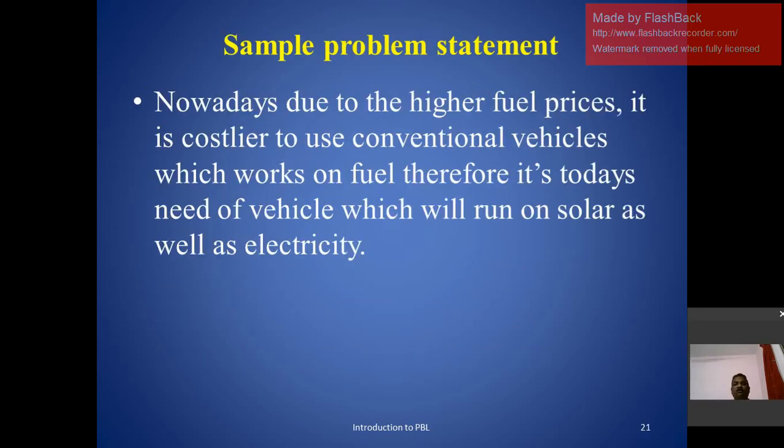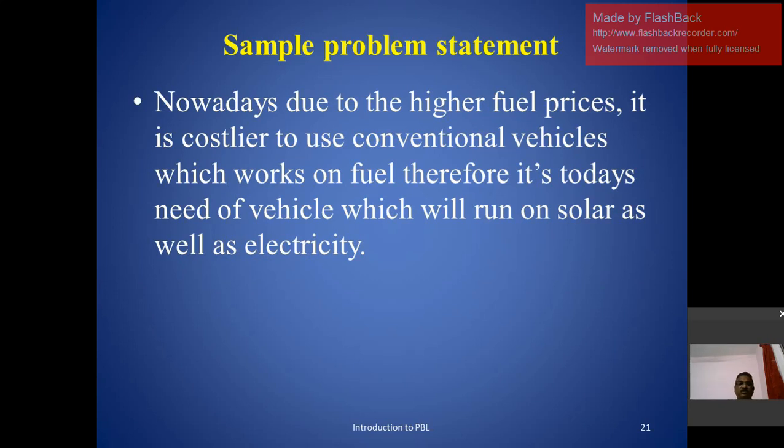Then I will give one example, and it's assessment. You may call it a case study. Now here I have written one problem statement. Nowadays, due to the higher fuel prices, it is costlier to use conventional vehicles which work on fuel.